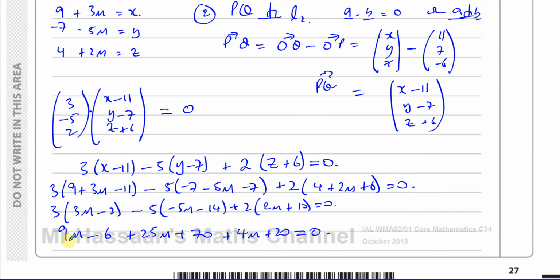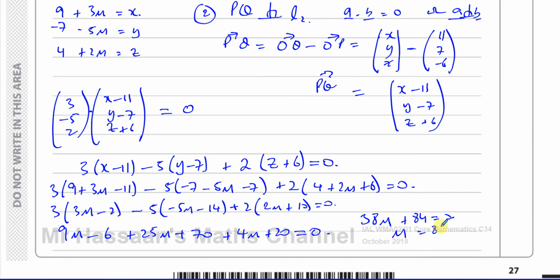So here we have 9 plus 25, that's 34, plus 4, that's 38μ. And here we have minus 6 plus 90, that's 84, so plus 84 equals 0.